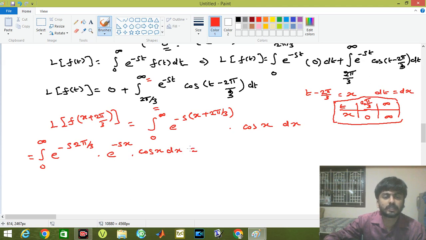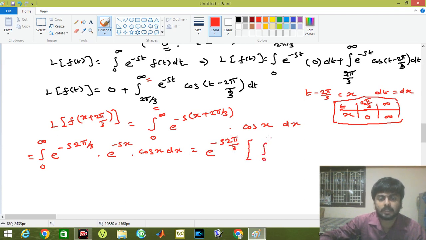What is constant here? E power of minus s 2 pi by 3 is constant, so we can take it outside, times integral 0 to infinity e power of minus sx cos x dx.